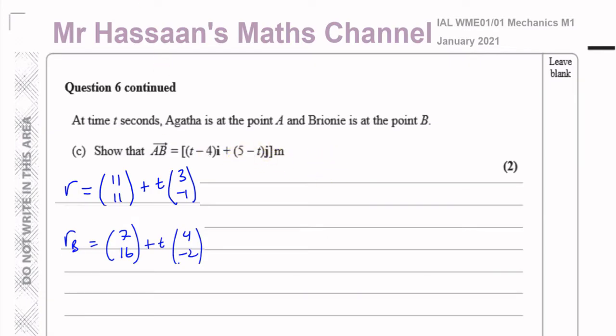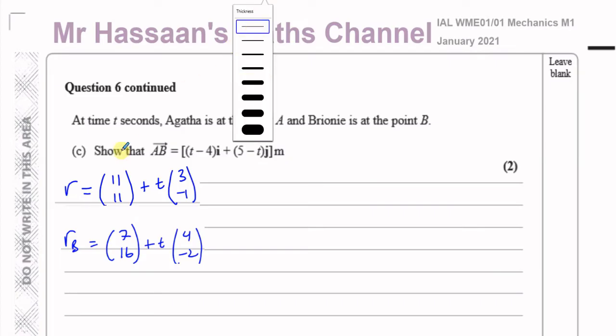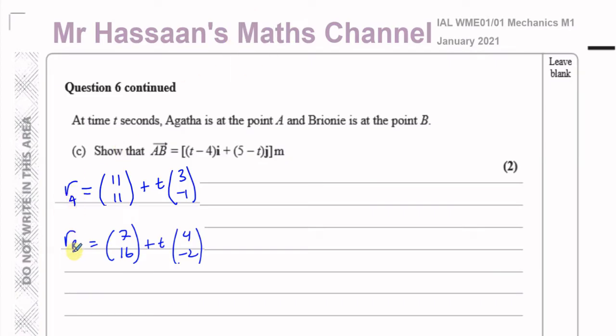Now, here we have an expression for the position vector of A and the position vector of B. This is the position vector of Agatha. This describes the position vector of Briony at time T. So we've got to show that the vector from A to B is given by this vector here. So how do we get from Agatha to Briony at any particular time T?